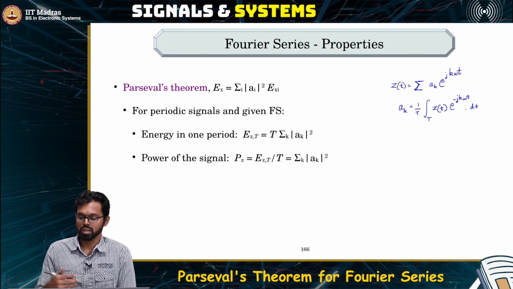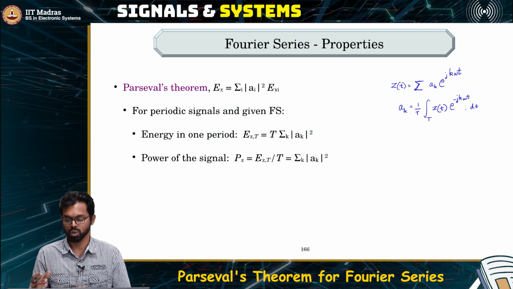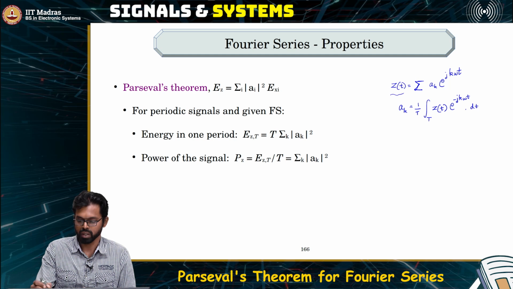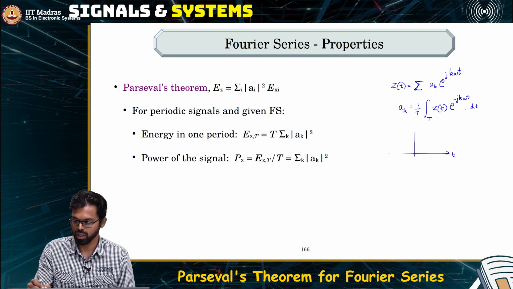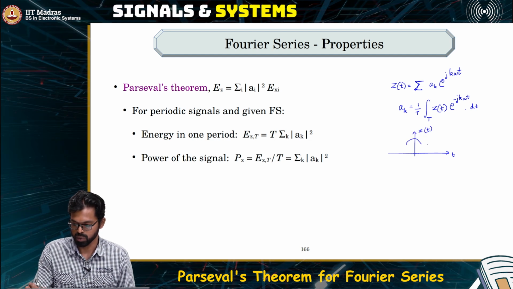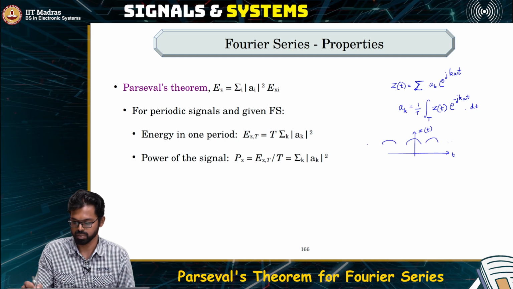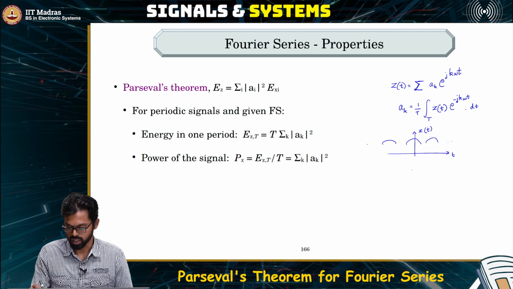Remember, we said that this Fourier series representation is just like representing a given signal in a different domain. You take the signal in the time domain. You have some signal which you can visualize in the time domain, something like this. Remember, it's periodic. So this is one way of visualizing or representing a signal.